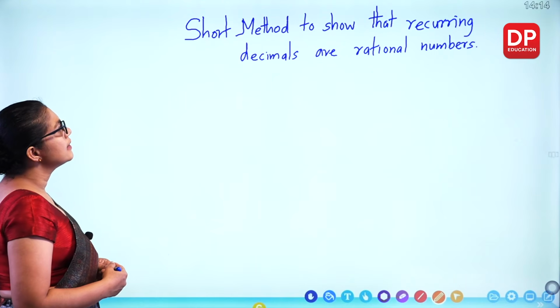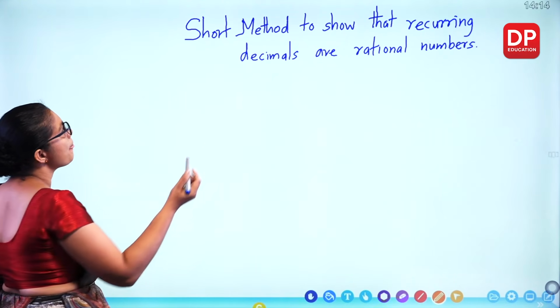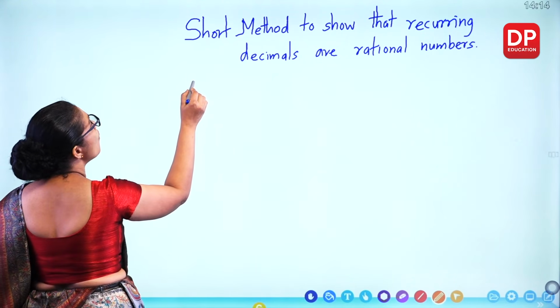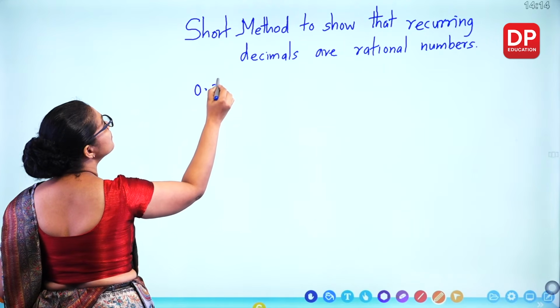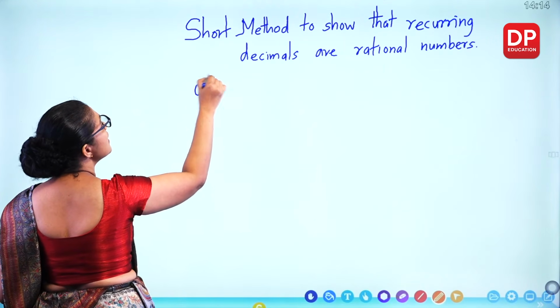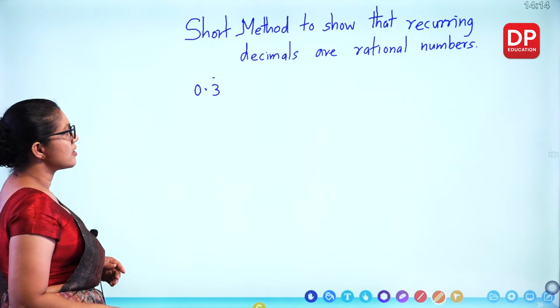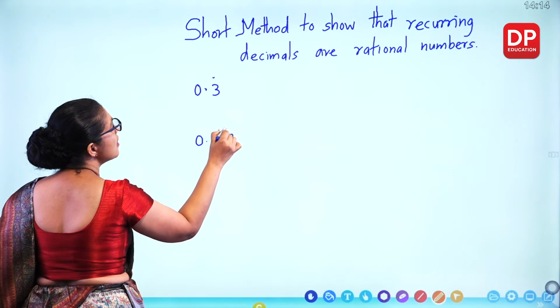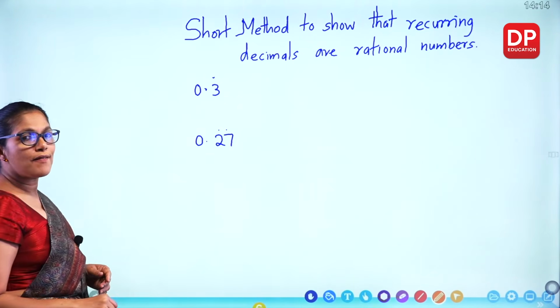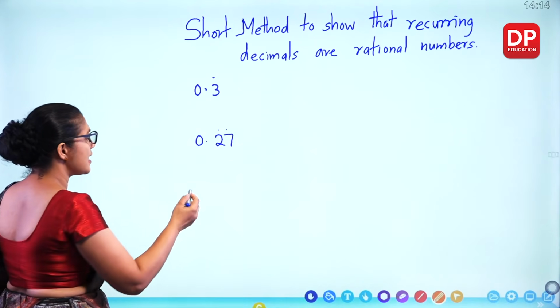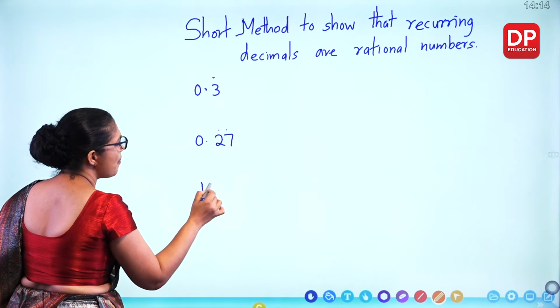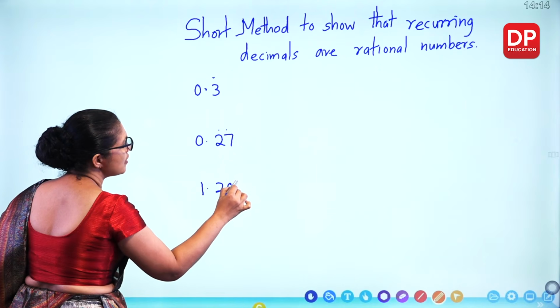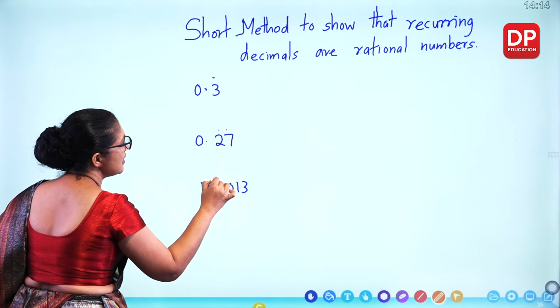Now we'll take an example. We'll take 0.33. That means 0.3 dot. And we'll take the previous one as well. We took 0.27, 2 dots. And I can take any number, 1.2013 here.